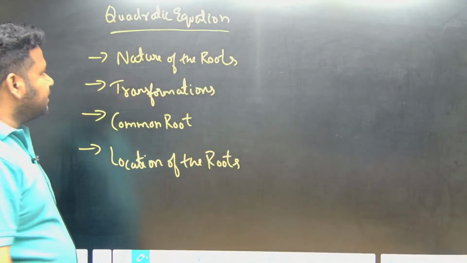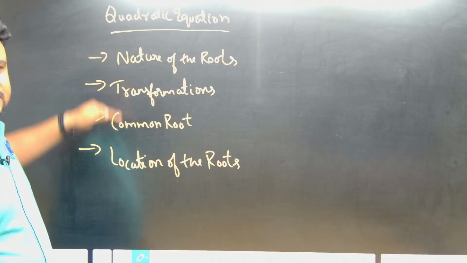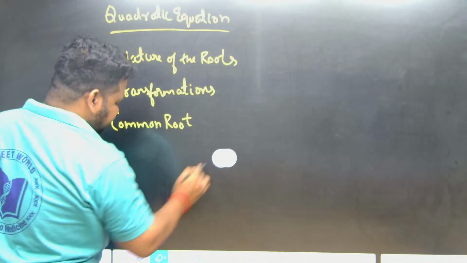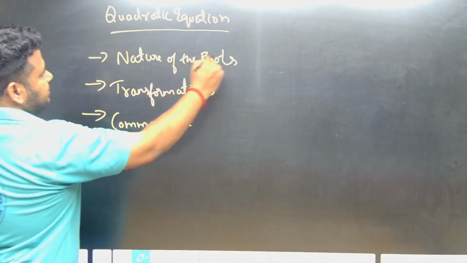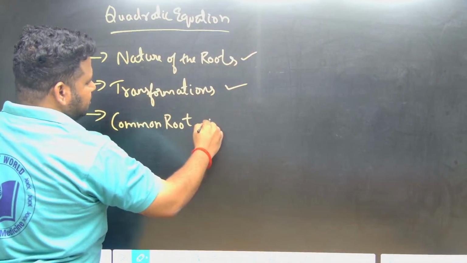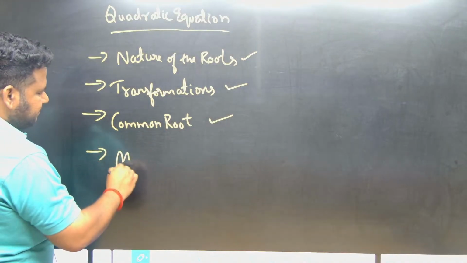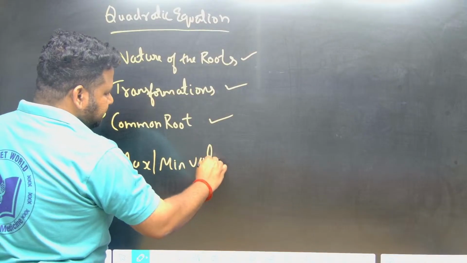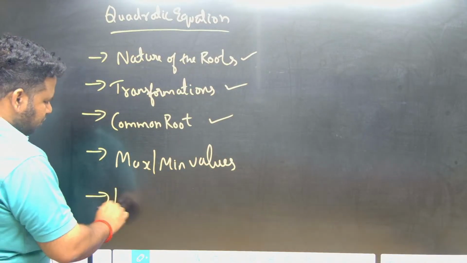When I talk about quadratic equation, these are the subtopics you must know, in priority of importance. First, nature of the roots, then transformations, common roots, then maximum and minimum values of quadratic equations, and the location of the roots.